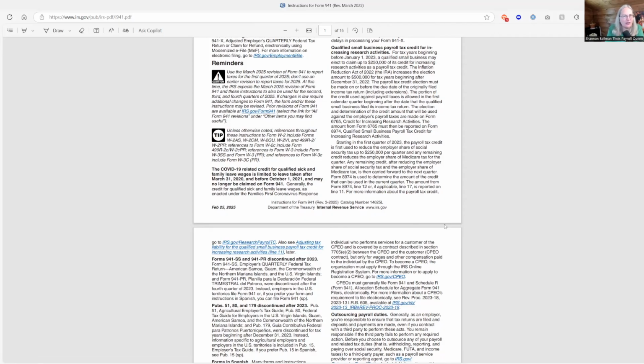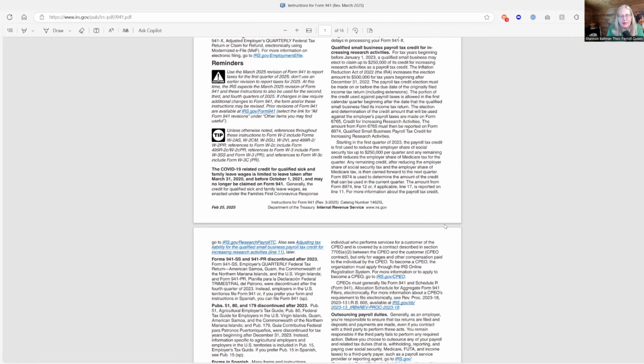It cannot be used for the employee share of Social Security and Medicare, which quite frankly is the normal way that all of the payroll tax credits worked before COVID-19 changed that and allowed you to take the employee and employer portions and get a refund for the employee retention credit.